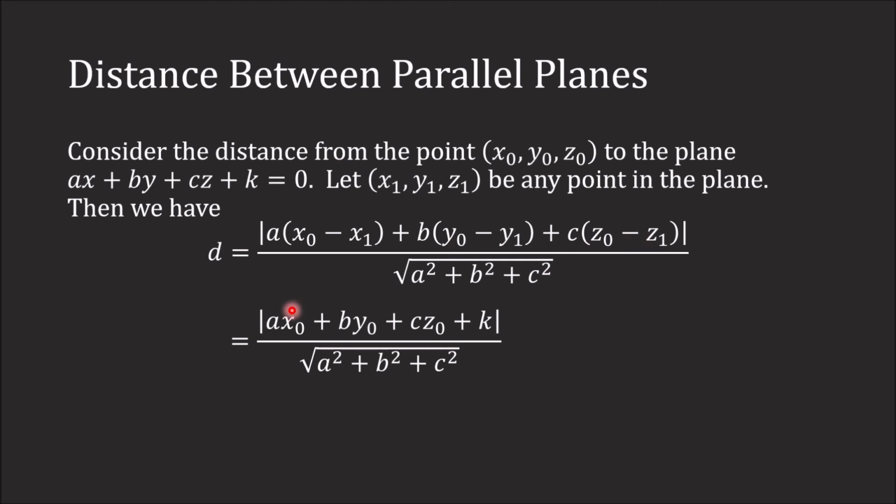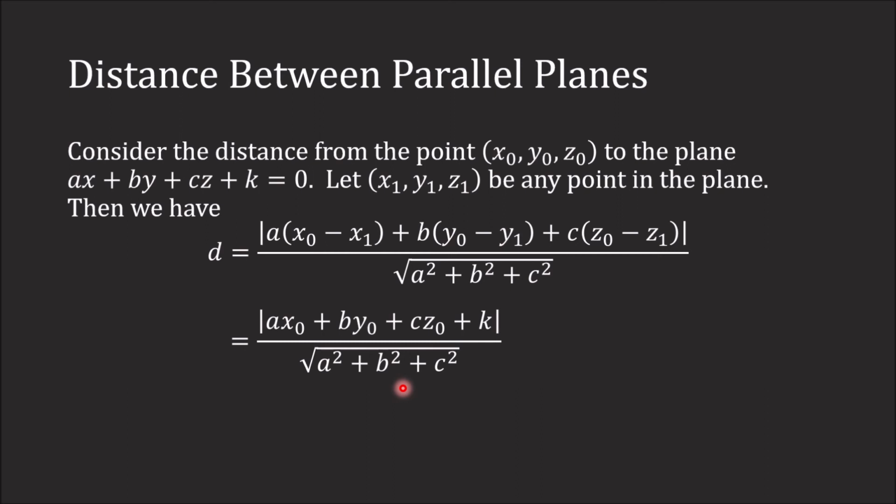We'll simplify this. Well, this is almost the standard equation of a plane, right? It just doesn't equal 0. It's the left-hand side. Well, we can write that in general form as the absolute value of ax naught plus by naught plus cz naught plus k, where k is negative ax1 minus by1 minus cz1, and all that over the square root of a squared plus b squared plus c squared.